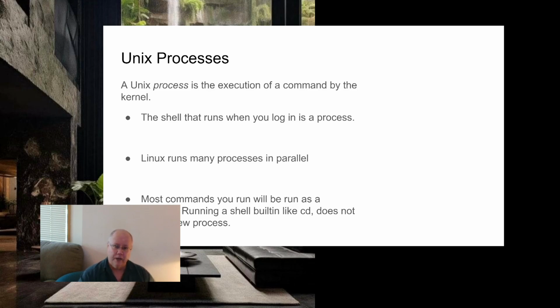Most commands that you run, like df or dd, will be run as a process, and we'll look at exactly what that looks like shortly. Now, not every command that you run is going to spawn a new process, but there are a number of built-ins like cd. They're part of the memory resident kernel, and they won't start a new process.